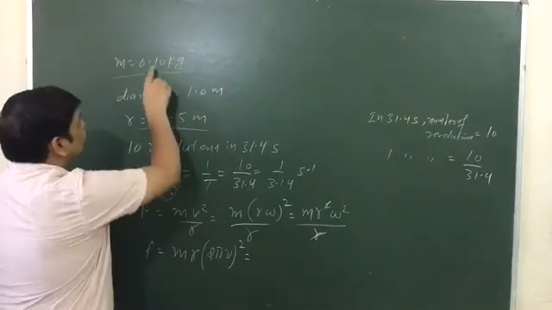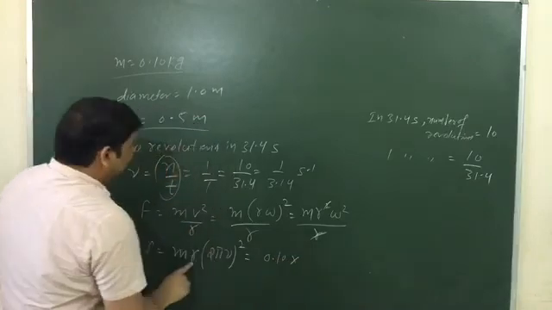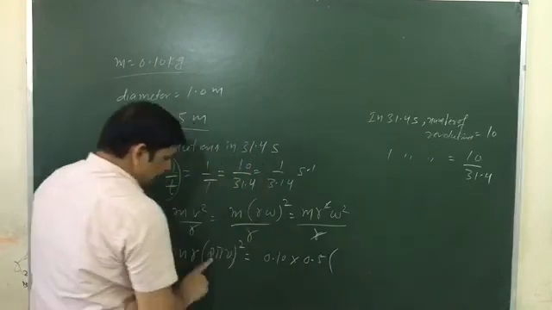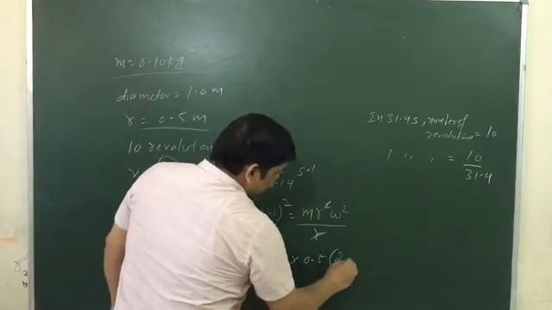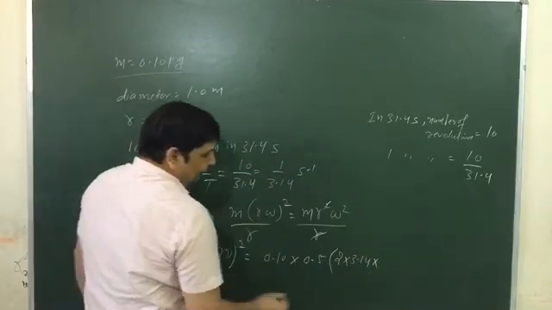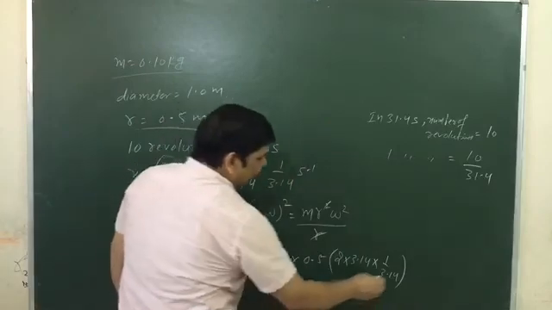Mass 0.10, radius 0.5, 2 into 3.14 into frequency, and power 2.